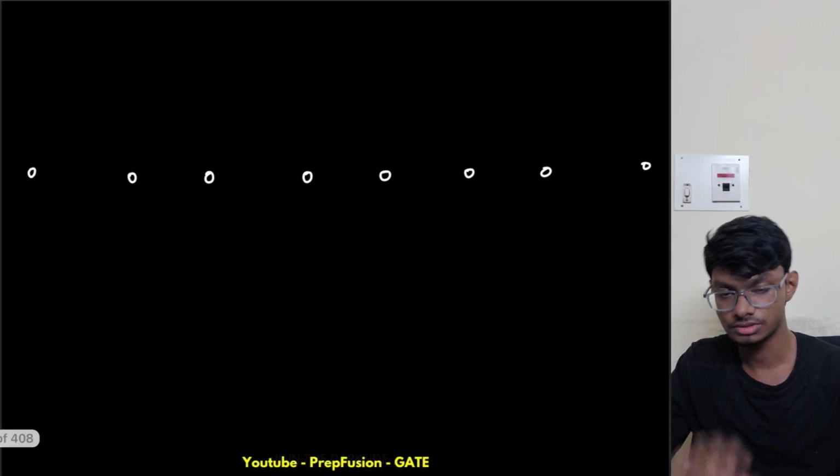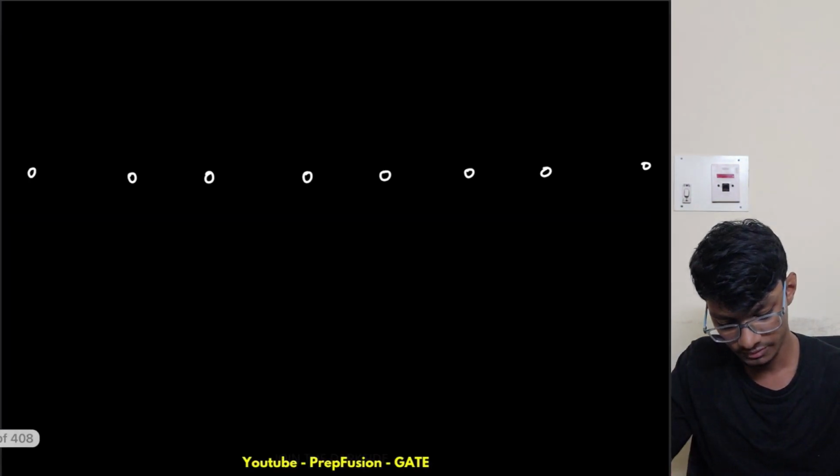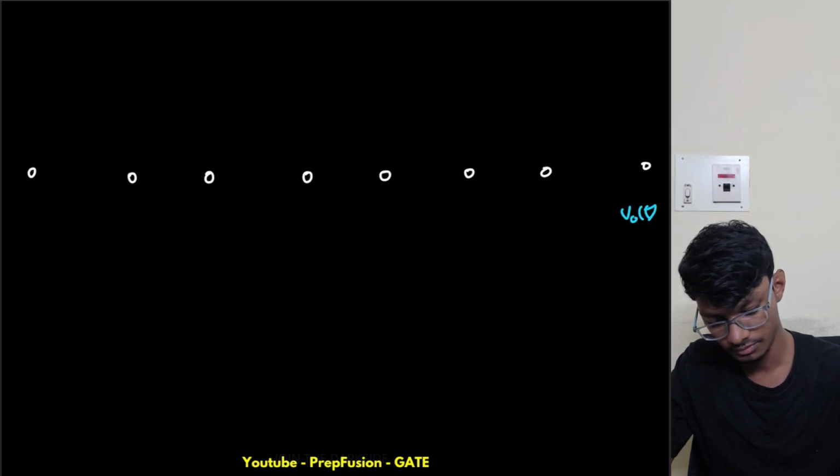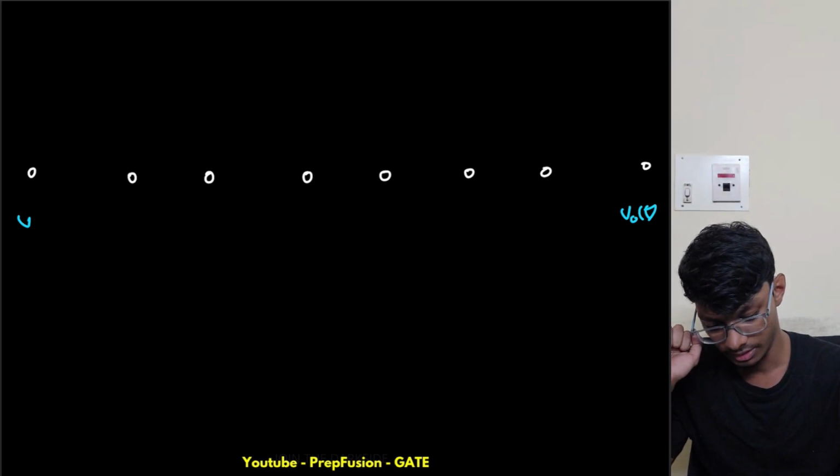It is not directly related to the input. The right-hand-side-most point is VO only, and the left-hand-side-most point is Vi only. Let me not write the bracket of t because this is in the Laplace domain.